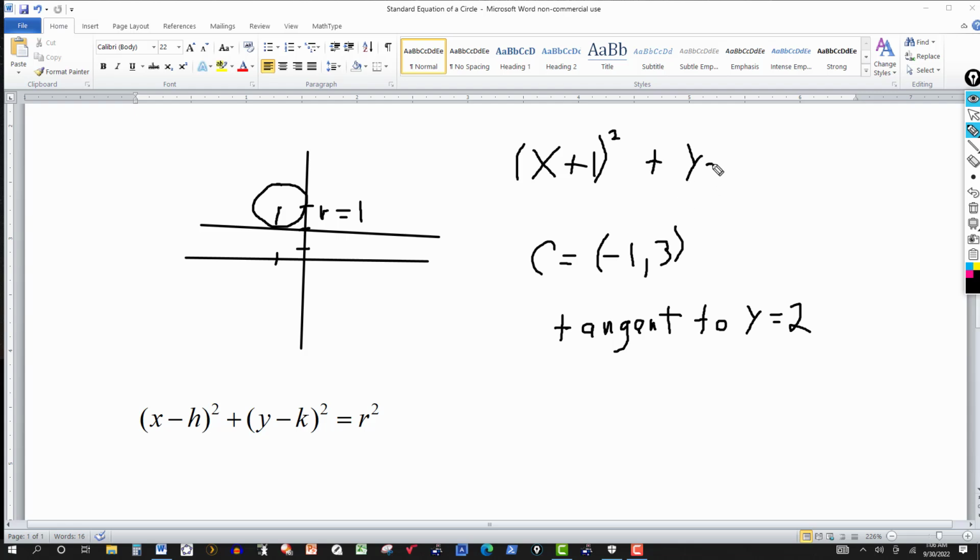In this case, again, k is 3, quantity squared, equals the radius squared. In this case, the radius is 1. Since 1 squared is 1, we could just leave it as (x plus 1) quantity squared plus (y minus 3) quantity squared equal to 1.